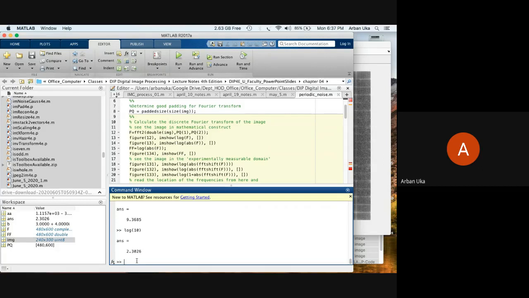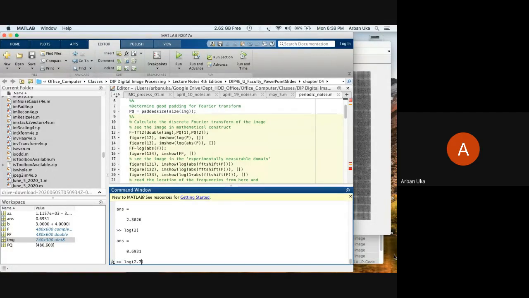It looks like log by default is the natural logarithm, not base 10.